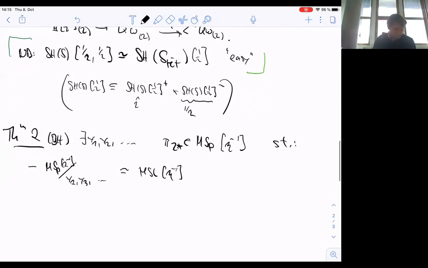And you can keep going, and if you mod out all the other generators except for the first one, so you take MSL and you mod out y4, y6, and so on, then you get this little KW guy.